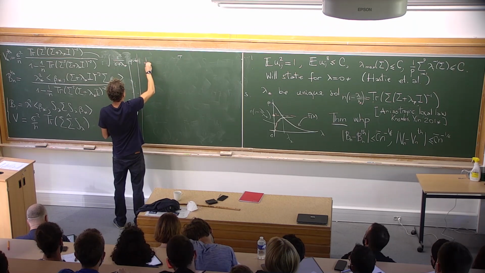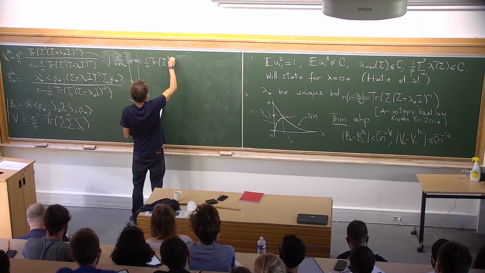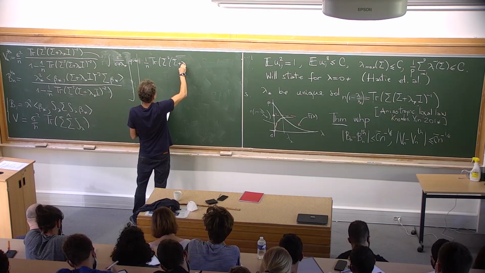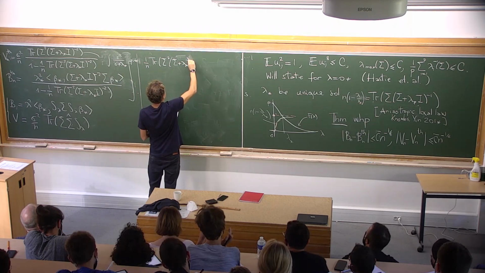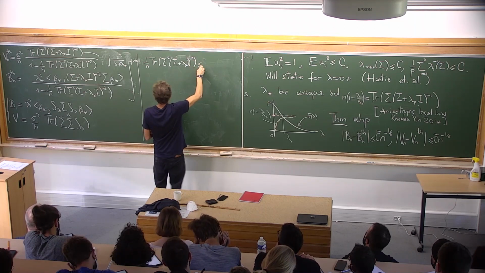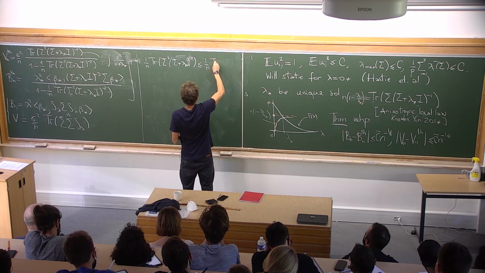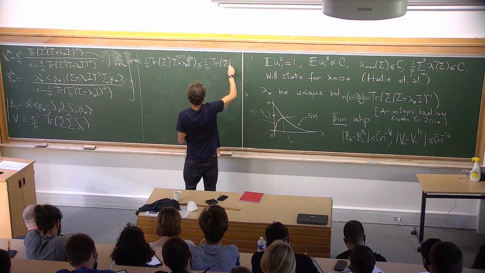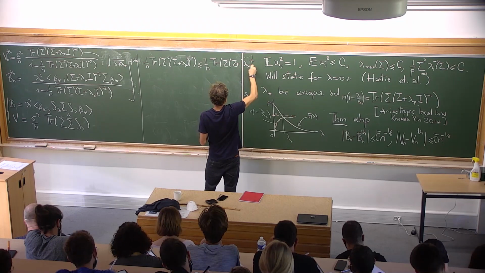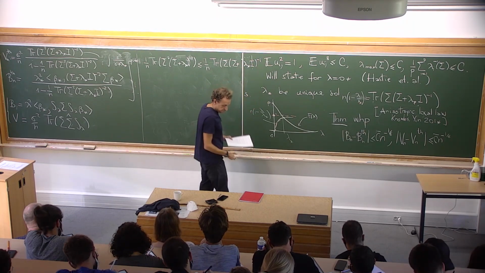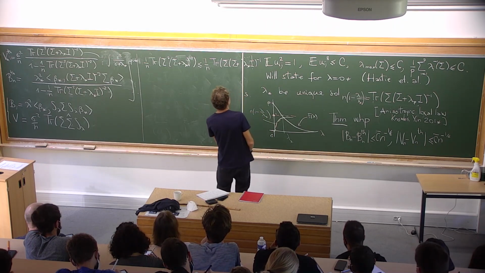Notice that 1 over n trace of sigma squared times (sigma plus lambda star I) to the minus 2 is less than or equal to 1 over n trace of sigma times (sigma plus lambda star I) to the minus 1. Okay, better.